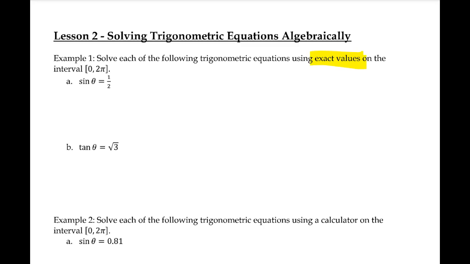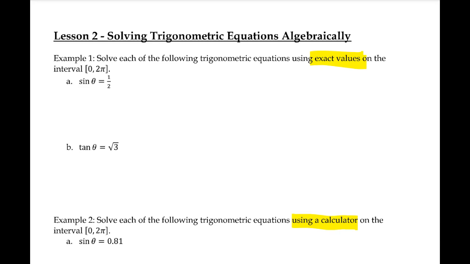The second you see that word, you can assume that this is a question that might appear on a non-calculator part of an exam or a test. When it says using a calculator, like in example 2 here, that's when you can use a calculator. That will be on the calculator section of the test and the exam. And there will be a calculator section on this test. So just a couple heads up.